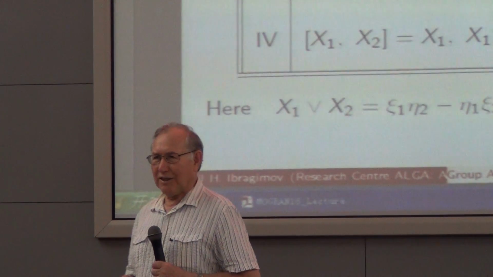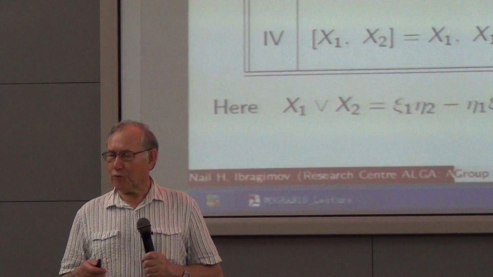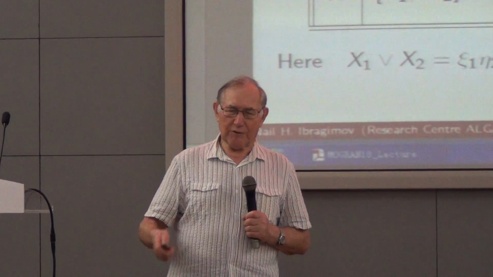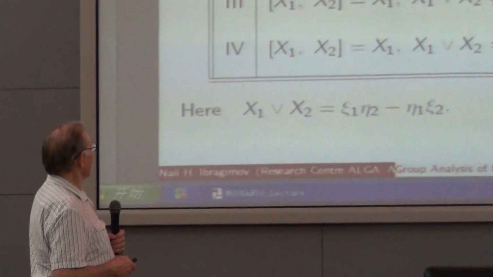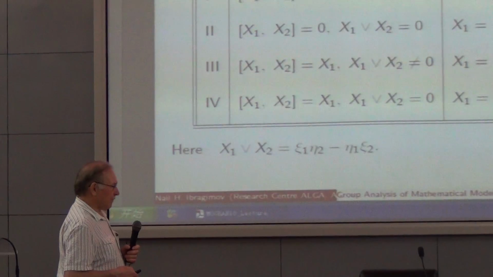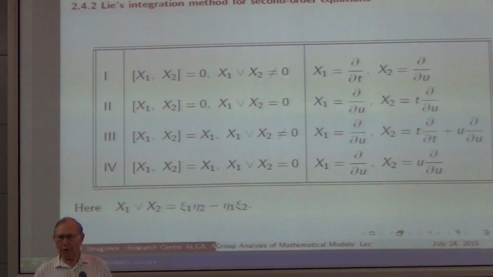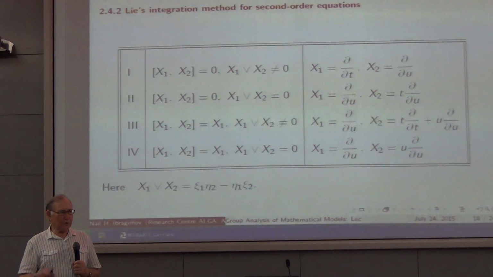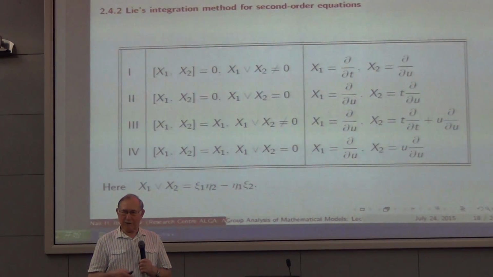A conservation law is like you had at school in the course of mechanics. It's some quantity which is unchanged during the movement of the system. Now, if you have two symmetries, then you use this method. If you have three symmetries, you can either use the three symmetries or subtract the two-dimensional subalgebra.